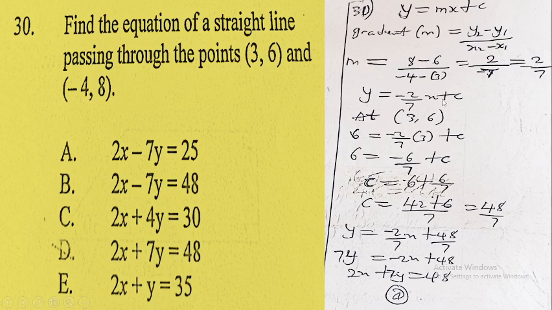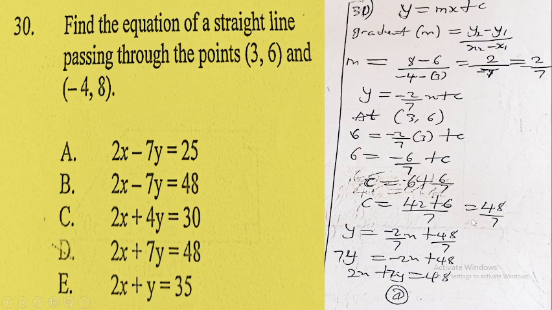Putting that into the equation, we have 6 equals minus 2 times 3, which gives minus 6 over 7, plus c. Then we take this minus 6 over 7 to the other side, so c equals 6 plus 6 over 7. The LCM is 7, which gives us 42 plus 6 over 7, which is 48 over 7.